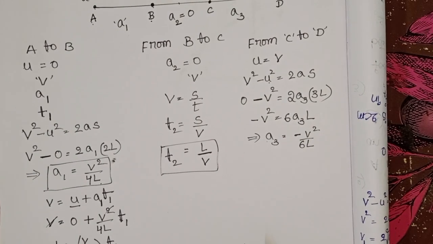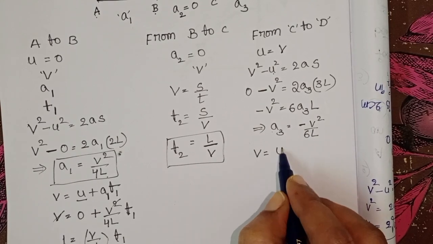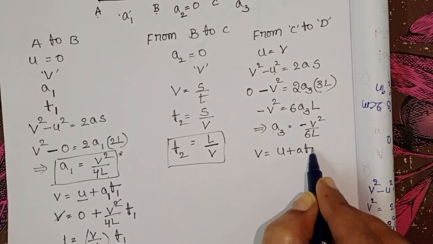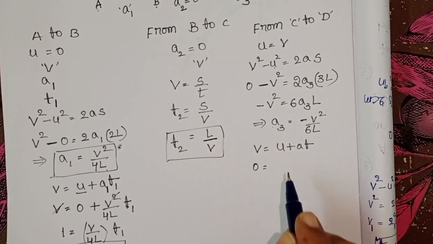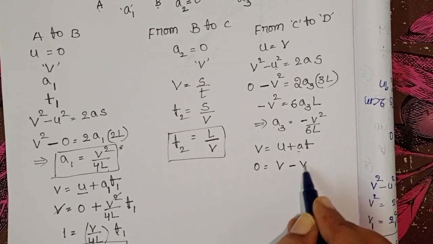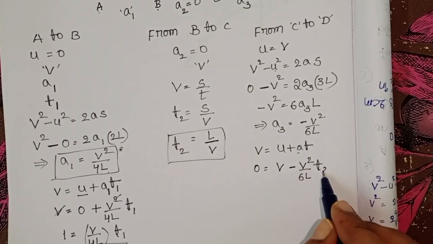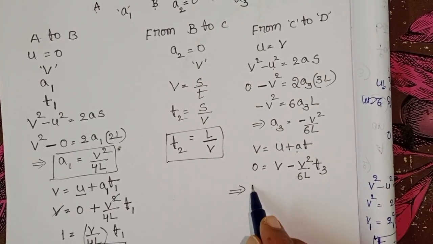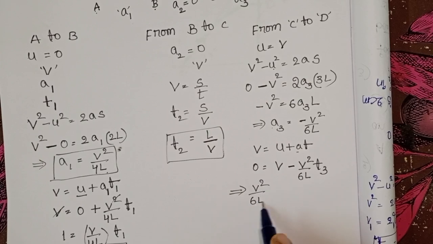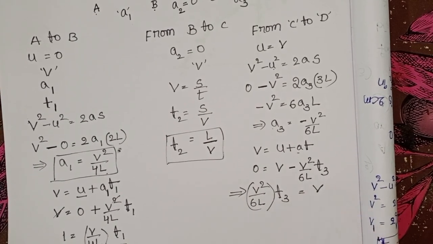Now find out the time taken by the particle to come to rest. Take the first equation, v is equal to u plus at. Final velocity 0, initial velocity v and acceleration minus v square by 6l, into time t3. v square by 6l into t3 is equal to v.